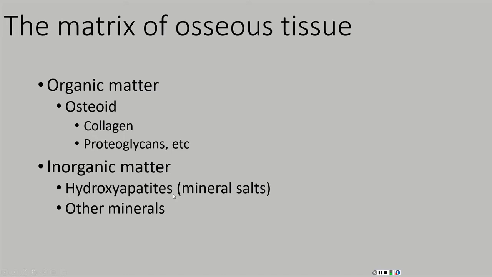These are calcium phosphate salts. But there are other minerals, like I mentioned, things like magnesium. And as we said before, remember, bone is like a storehouse. It's like a bank for minerals. So this is just kind of a way of saying minerals as opposed to organic matter. You do not need to know all of the individual minerals.